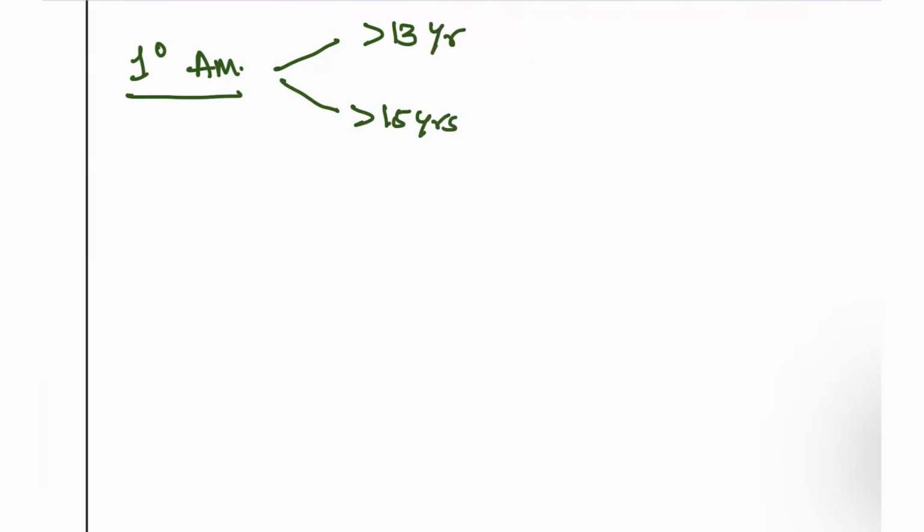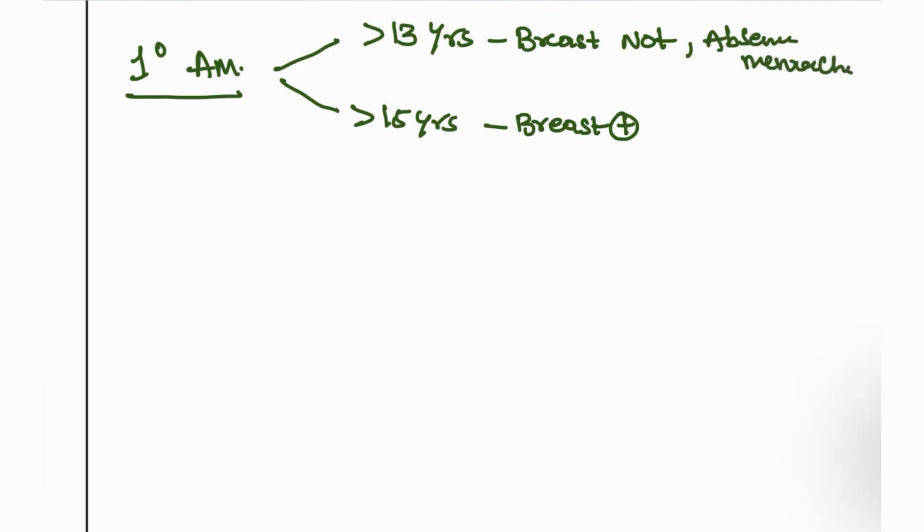In the 13-year-old patient, the breast staging is not developed. If the patient is more than 13 years and the breast is not developed, with absence of menarche, then we can say this patient has primary amenorrhea. If more than 15 years old and the breast development is seen, but there is still absent menarche, then we can also call this patient primary amenorrhea.